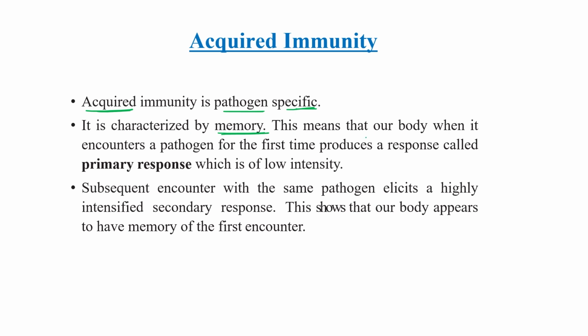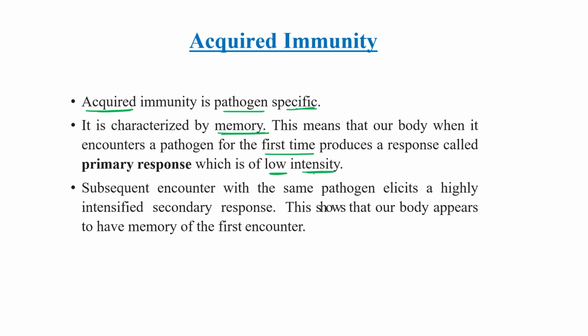What is the meaning of memory? It means that when our body encounters a pathogen for the first time, our response is of low intensity. We suffer from that kind of disease, virus, cold, fever or whatever, so our defense is low.